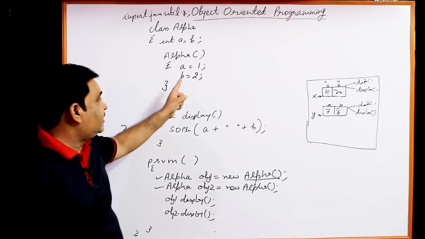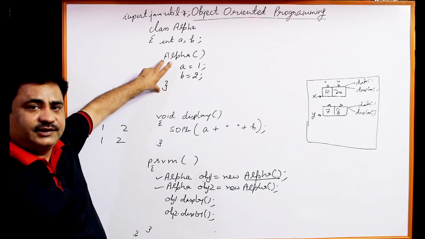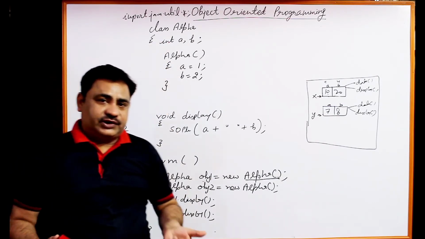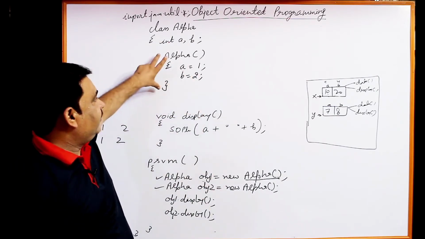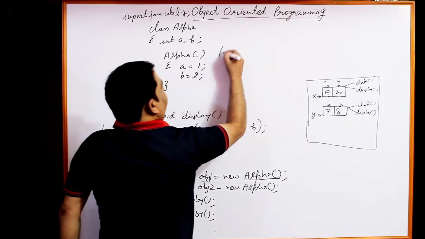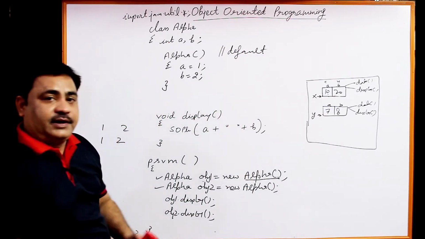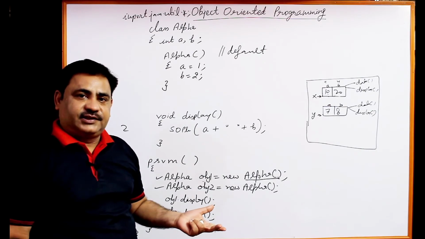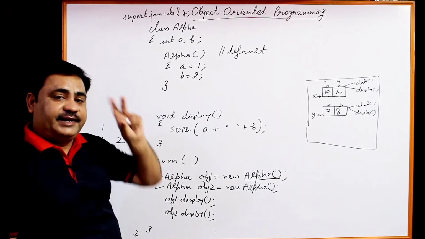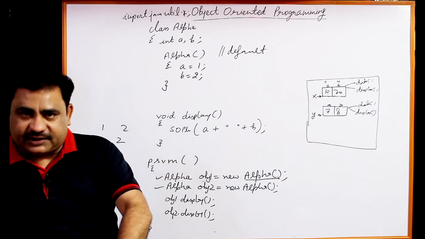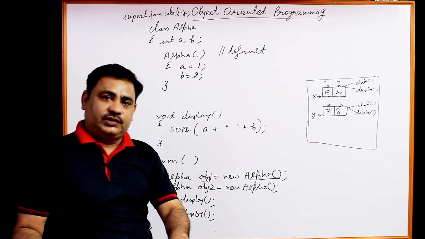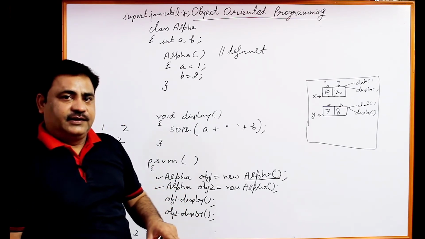You cannot use return statement in the constructor. There are many types of constructors. This is called default constructor. You can also make parameterized constructors. One is default, second is parameterized, and there is copy constructor. Even copy constructor is also a parameterized constructor.